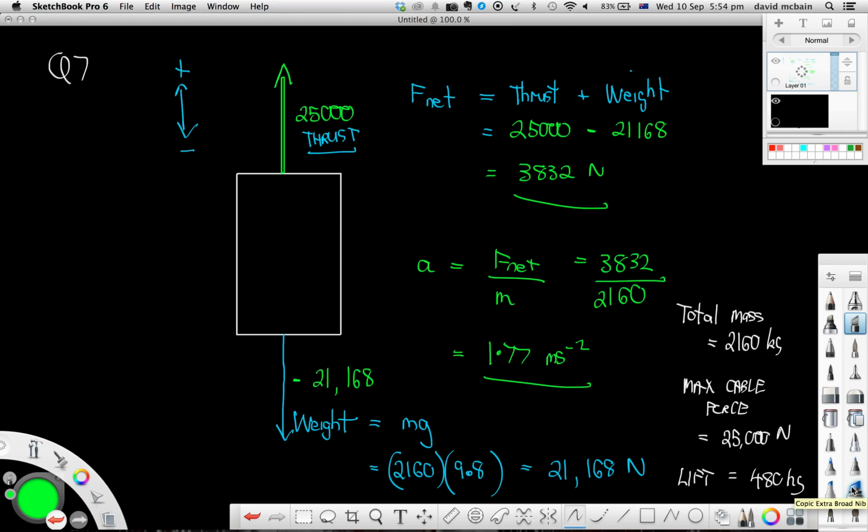So that is telling us that's the maximum acceleration, given that this is the upper limit of the force that can be applied through the cable. Obviously, with a stronger cable, we could apply more thrust. This force could be bigger, therefore the net force could be bigger. Therefore, we could accelerate more. Okay.